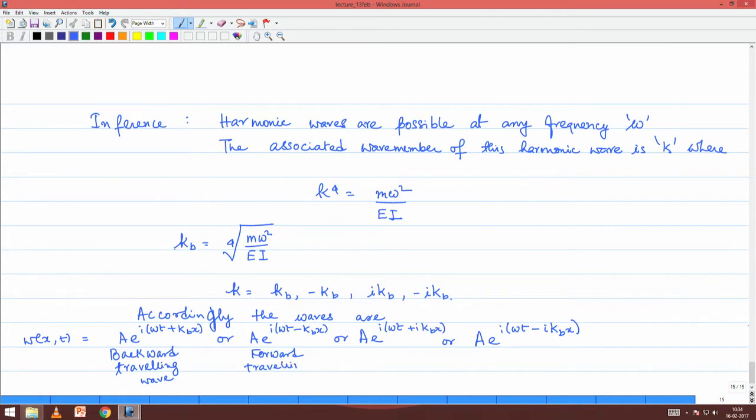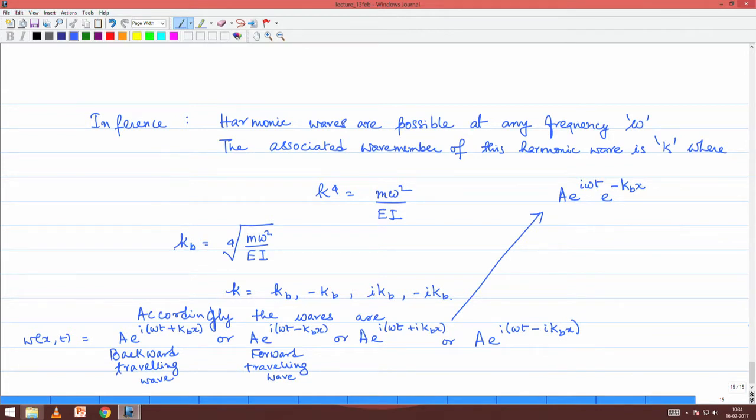The third and fourth look a little odd, but let us open this up a little bit. What we have for this expression is the following: A e to the power i omega t and e to the power minus kb x, right.